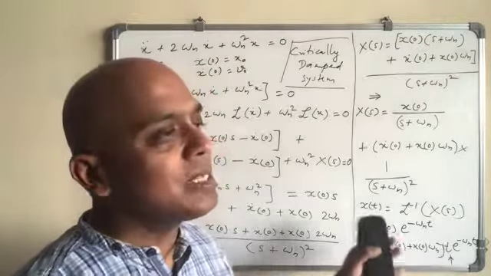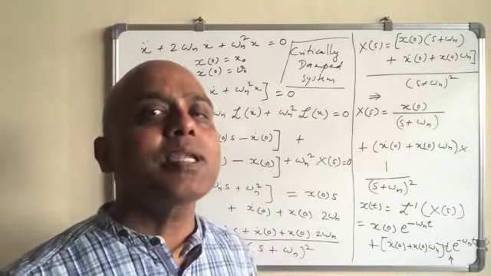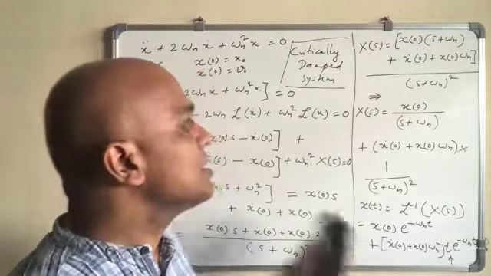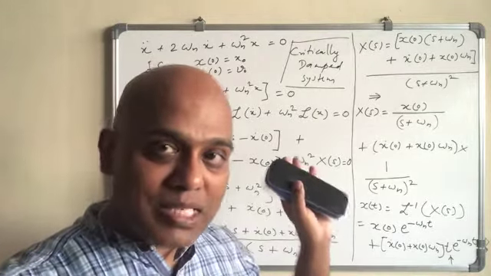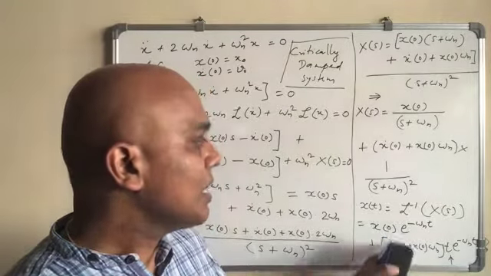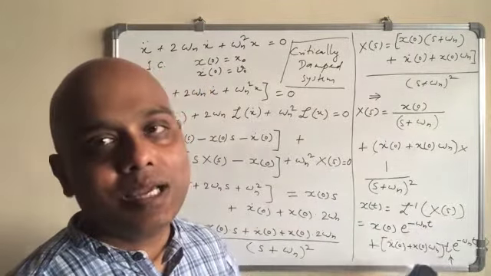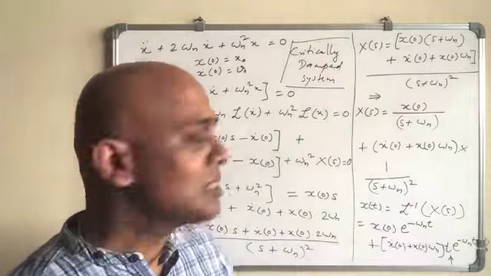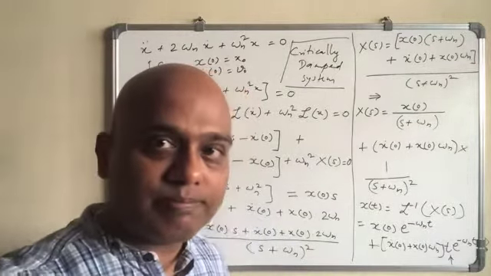But in this case we don't have to assume any form of solution. We just apply the Laplace transform and then invert it, and we get the function, and it automatically has the initial conditions applied. That's the beauty of the Laplace transform.